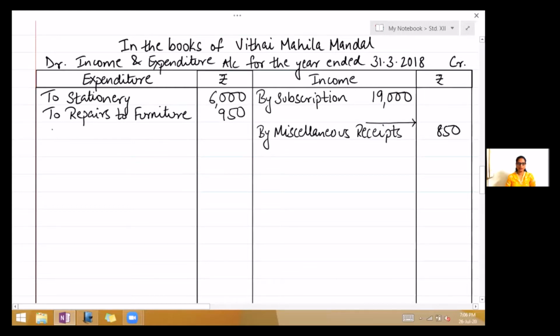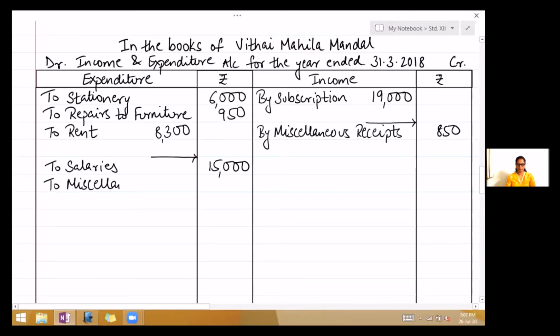So again expenditure, to rent. Now this has got an adjustment. So write in the inner column 8,300. Leave a line for adjustment. Then write to salaries 15,000. Then to miscellaneous expenses 450.